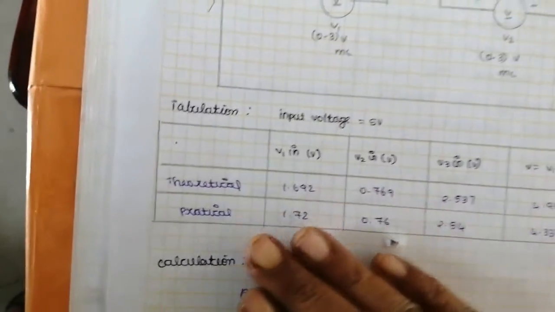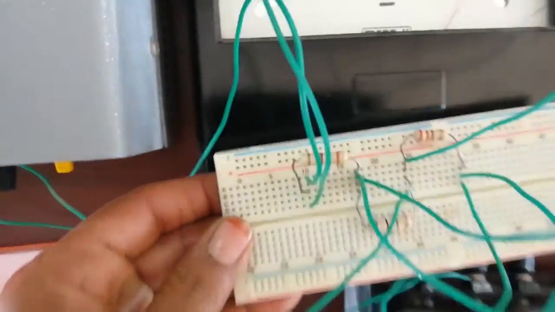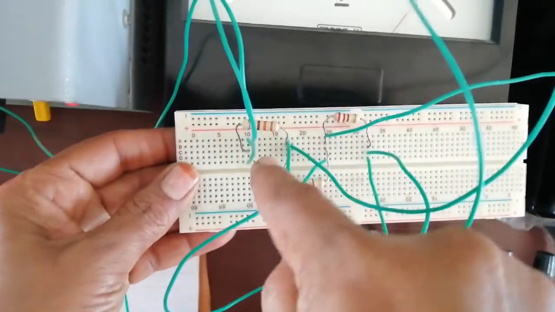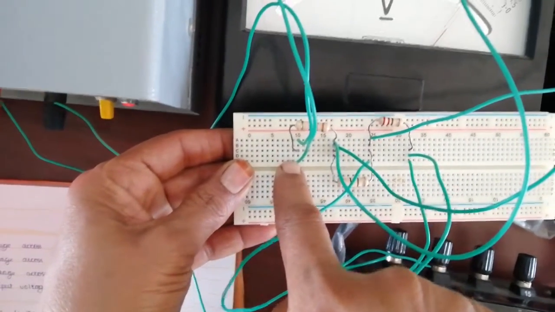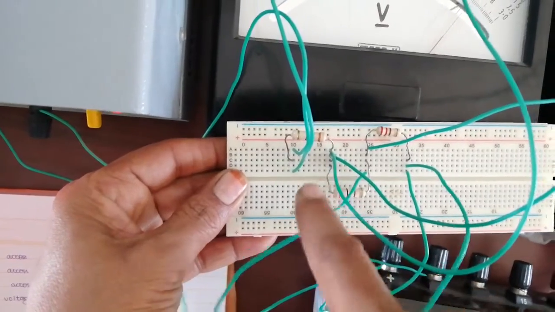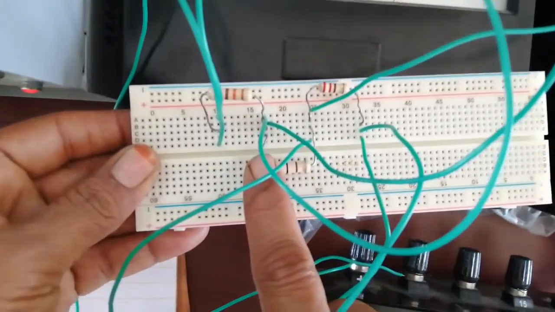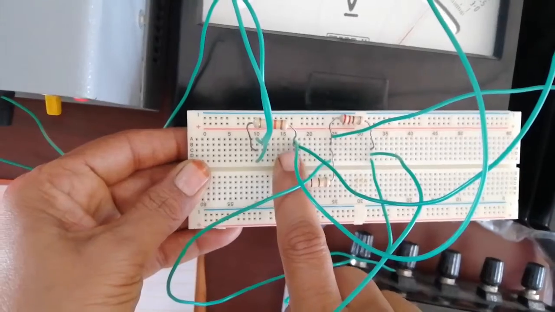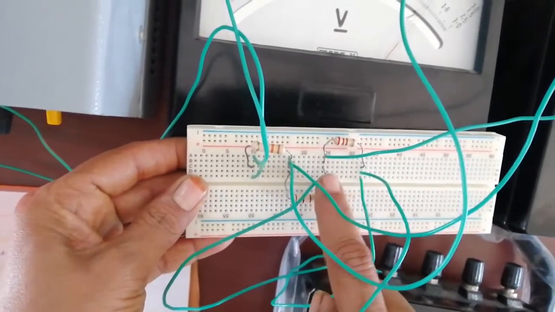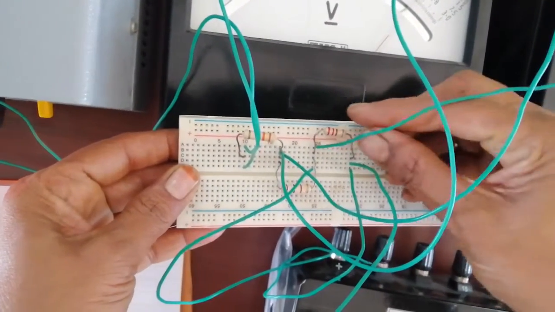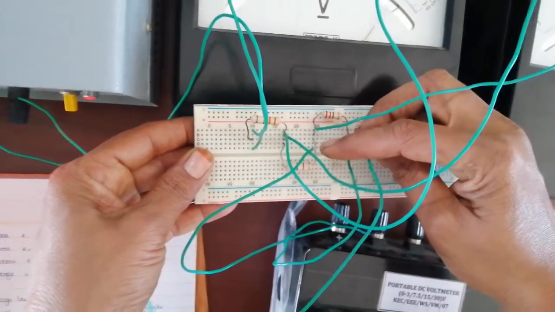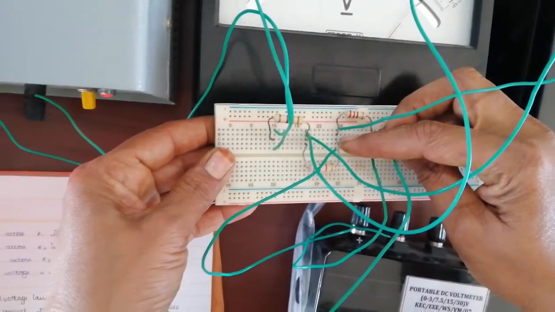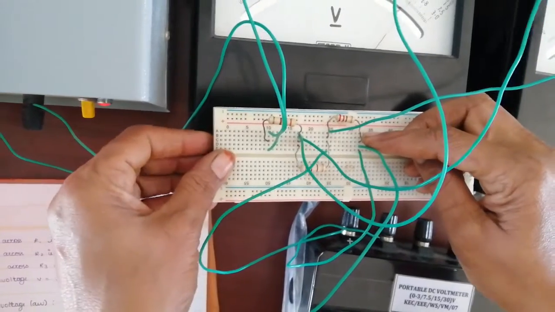So how will we verify the theoretical value practically? For that purpose, we are going to construct a circuit. This is the circuit diagram. The 220 ohm resistor is connected here, and the resistors are connected in series. One point of the 100 ohm resistor is connected here and the other point is connected on the breadboard. Then the 330 ohm resistor is connected to one terminal of the 100 ohm and the other terminal is connected here.